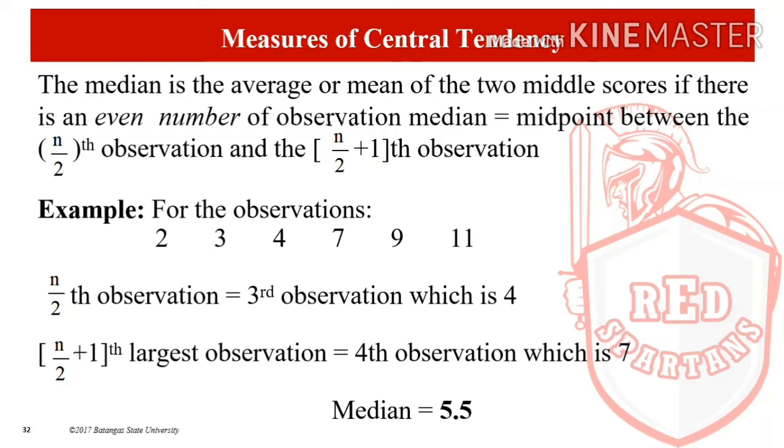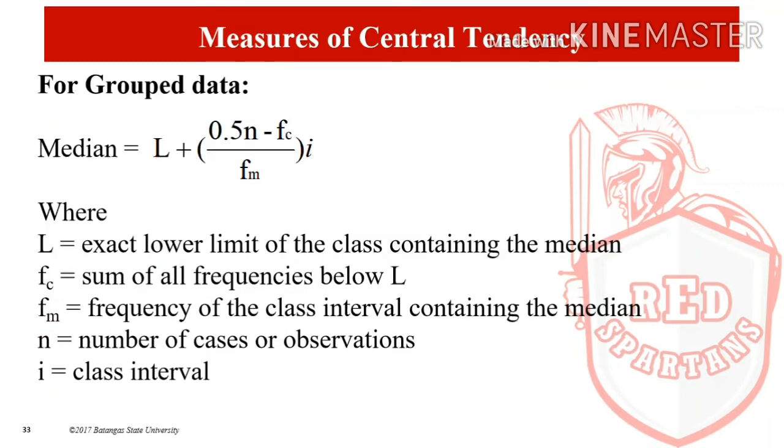So, proceed naman tayo sa median kapag group data. So, ito yung gagamitin nating formula. So, nag-iisa naman tong formula ng pagkuha ng median kapag group data. L plus 1/2 n or 0.5 n minus FC over FM times the interval or the class interval. So, yung L natin, yun yung exact lower limit of the class containing the median.